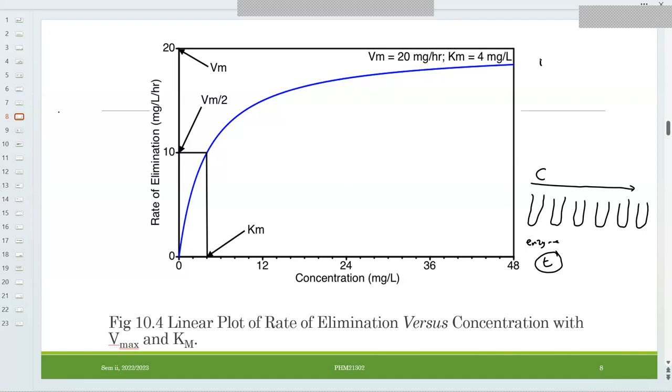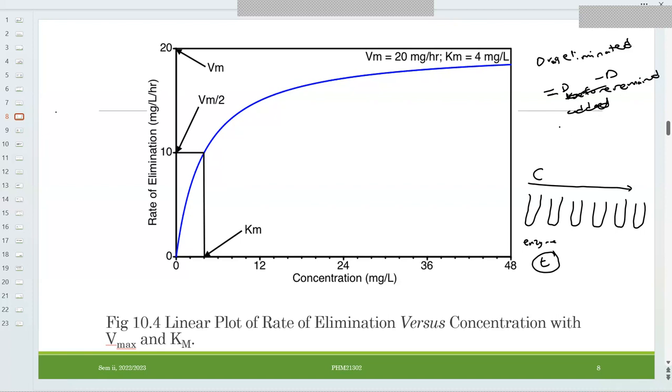So you calculate the drug eliminated, equal to the amount of drug before the addition, the amount added, minus the amount remaining after the metabolism. When you divide this by the time, you get the rate of elimination.